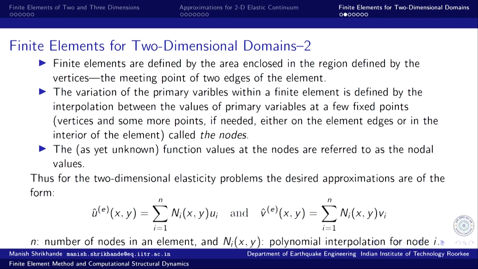is the polynomial interpolation for node I. Now, what does it mean? N I as a function of x y is a polynomial interpolation for node I. If you recall from our discussion in interpolation theory, the interpolation functions have to satisfy the condition that they evaluate to unity when evaluated at their own node.